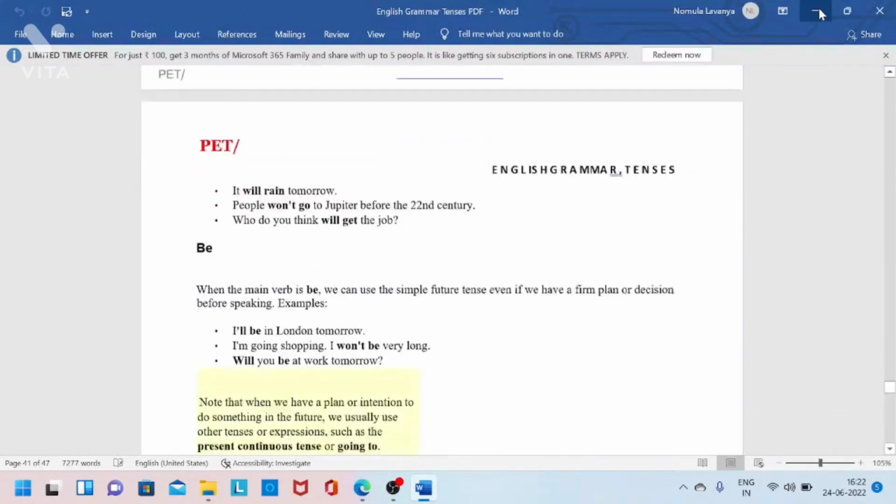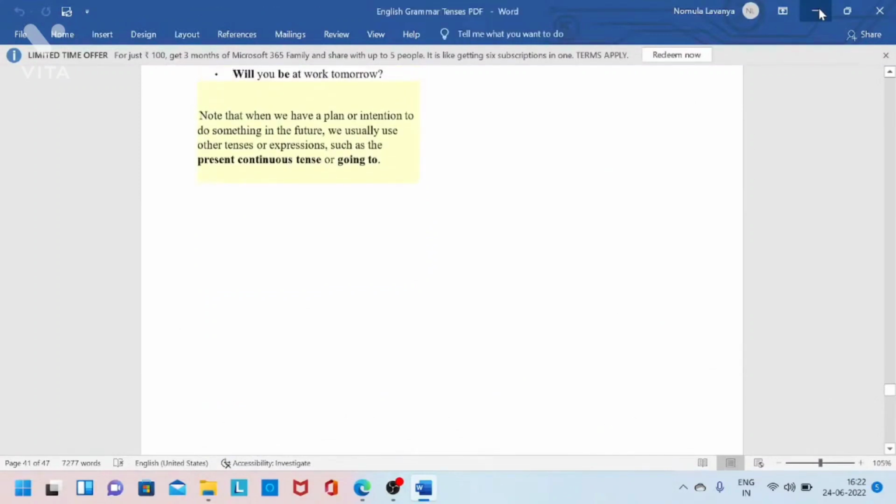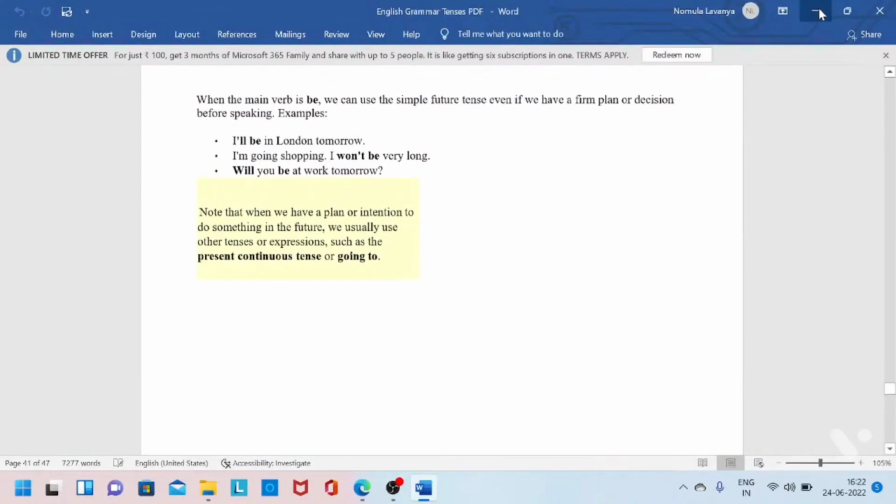Now for the verb be formation, see, one minute. Where is the main verb? When the main verb is be, we can use the simple future tense even if we have a firm plan or decision before speaking. I will be in London tomorrow. I'm going shopping. I won't be very long. Will you be at work tomorrow?